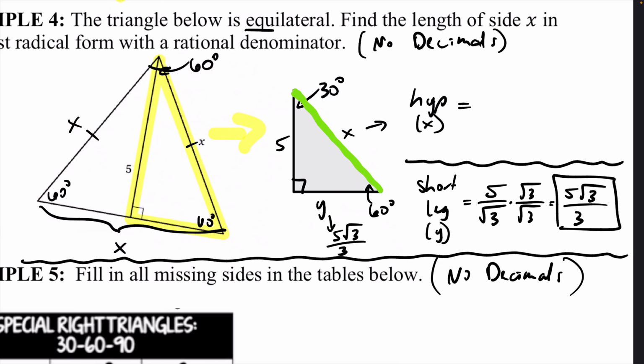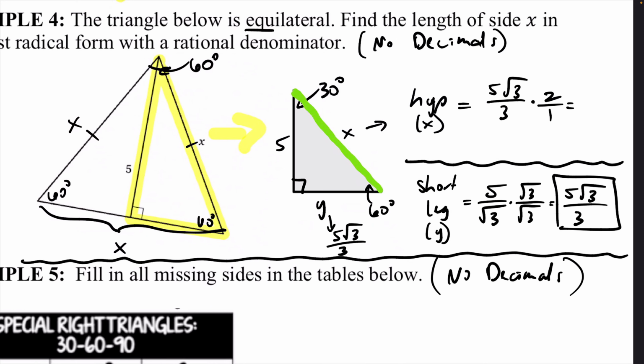So now I can do the hypotenuse. Now it said take the short leg, which I just found, and multiply it times 2. Well, one's a fraction, so let me make the other a fraction too. To multiply fractions, both of them have to be fractions.